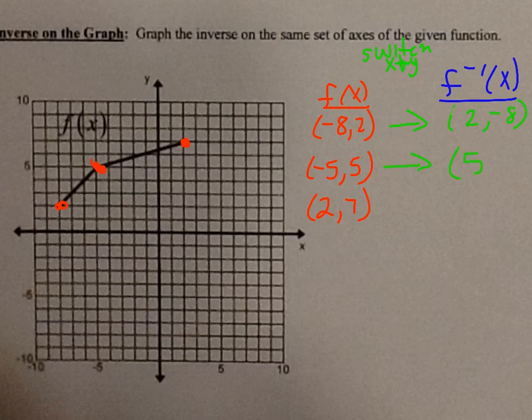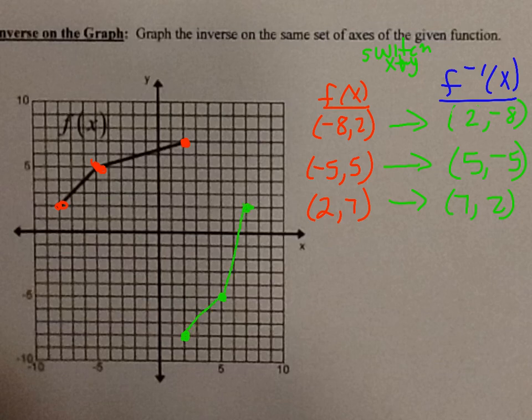This one becomes 5, negative 5. I'm just switching x and y. 2, 7 becomes 7, 2. Now plot the point. So we have 2, negative 8. Plot the point. 5, negative 5. And 7, 2. And then just draw it.